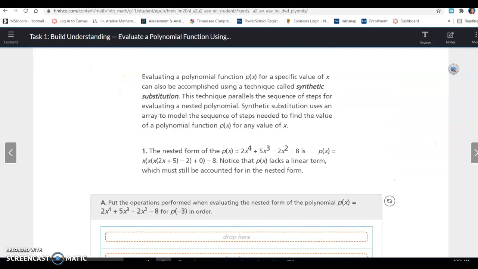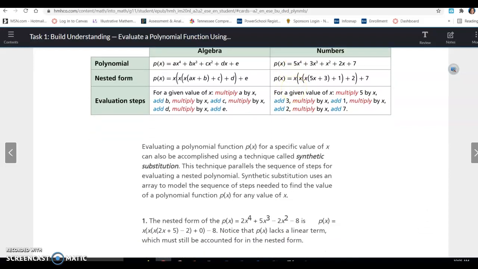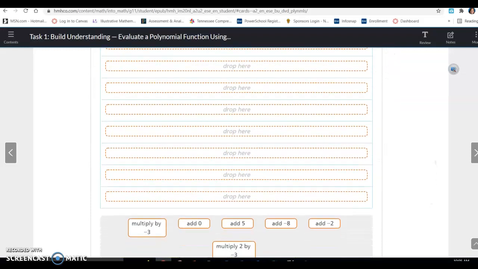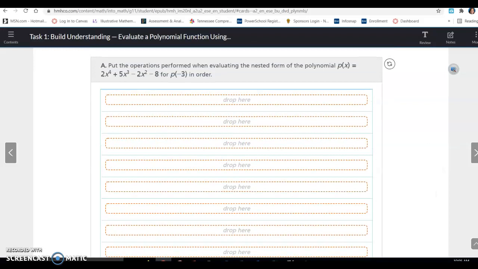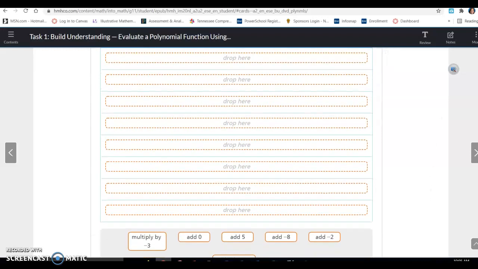At the top, it says for a given value x, multiply 5 by x and add 3, so that's your first coefficient, and then you add b, which is your second term. So let's see what our steps are here. We're going to multiply by the first term. So we're going to multiply 2 by negative 3.